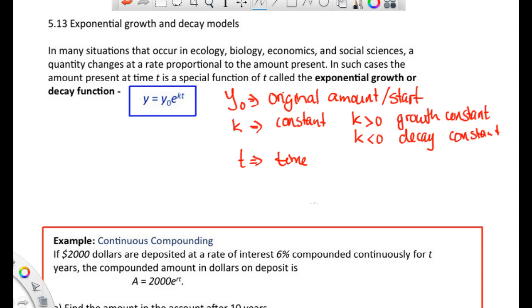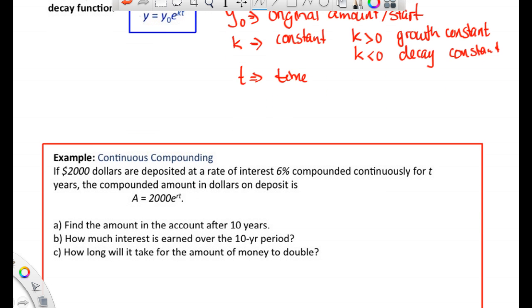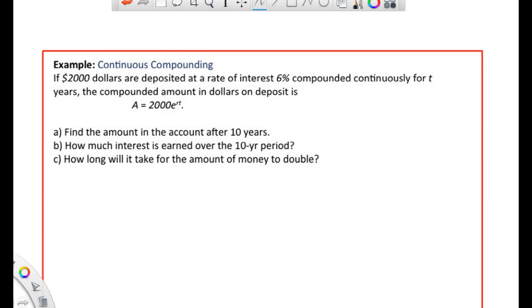So on word problems, on tests and stuff, I would give you part of this stuff. Now, I may not give it exactly to you. I may tell you, hey, we're going to start with 2000 as our original, and then you have to figure things out. And sometimes, like in the first example, everything is sort of filled in for you already. It says, this is an example out of the business world.